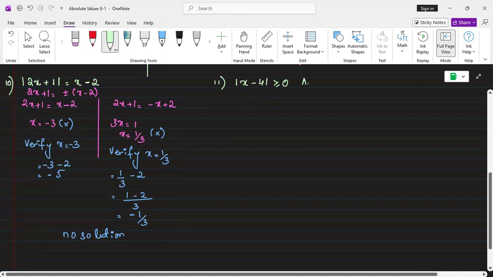You simply say here all values of x. So in general form, if it is ax minus b and this is greater than equal to 0, the answer will be all values of x.